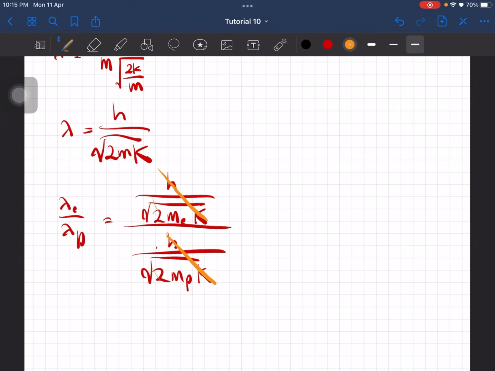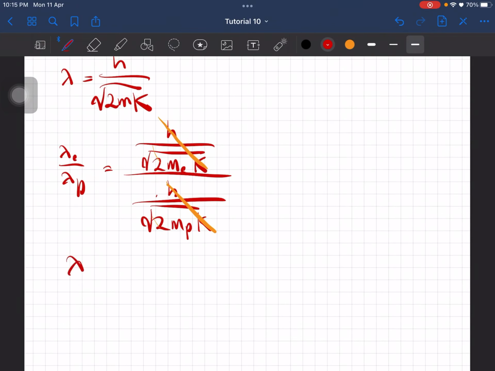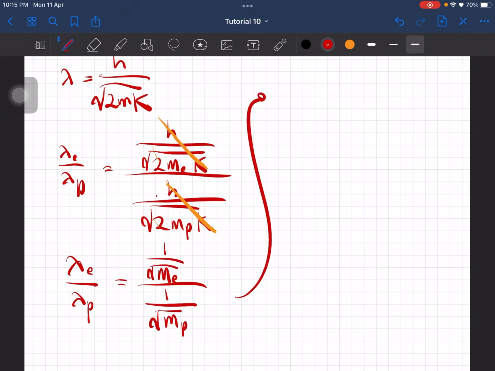Okay, so you are then left with 1 over the square root of me over 1 over the square root of mp. Okay, so rearrange it again, you will get the square root of mp over me.